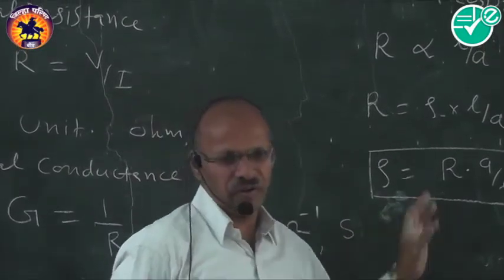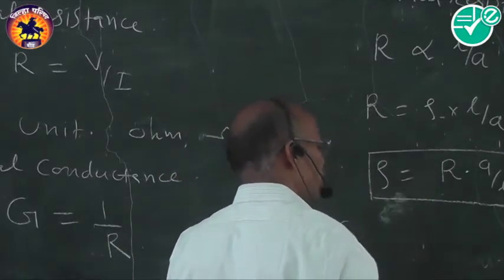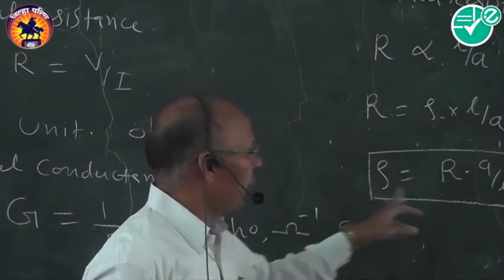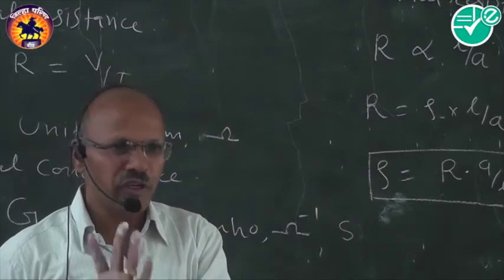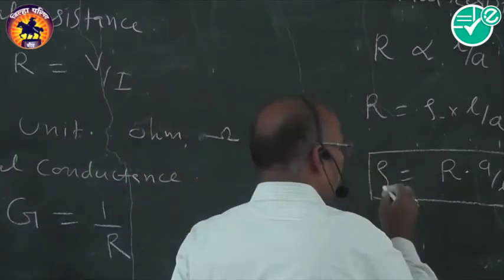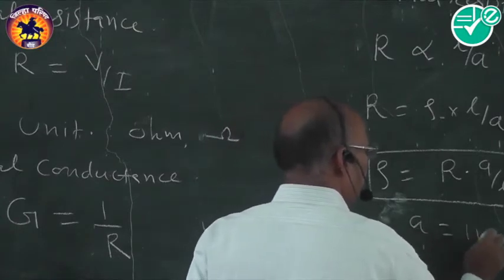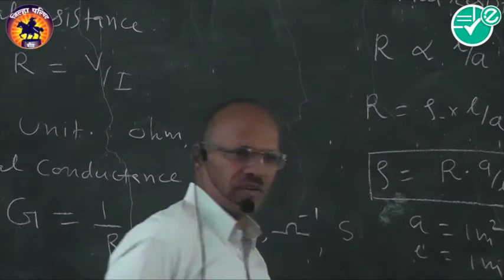Now what happens? What is the significance of this one? In this particular case, R is the resistance, A is the area of cross section, L is the length. Now we have to define this term. Definition and its unit, these two are very important terms. Particularly first, how we define this one? Suppose that A is equal to 1 meter square and L is equal to 1 meter.